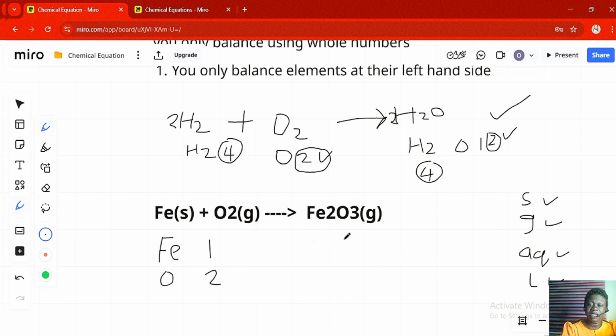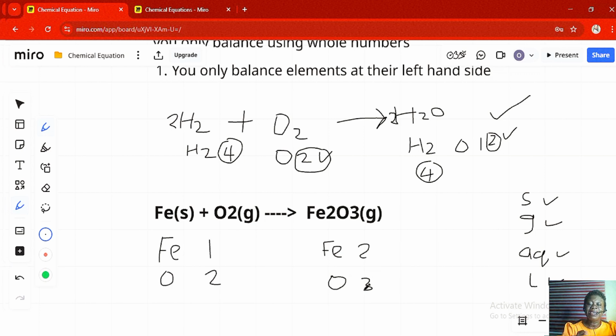Now, at the product side, we have iron. Iron is how many at the product side? Iron is 2. Now, we have oxygen. Oxygen is how many at the product side? Oxygen is 3.